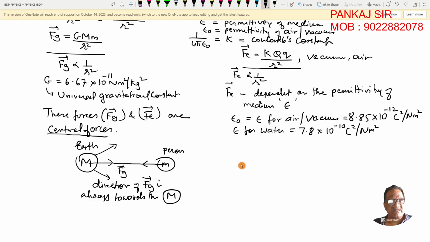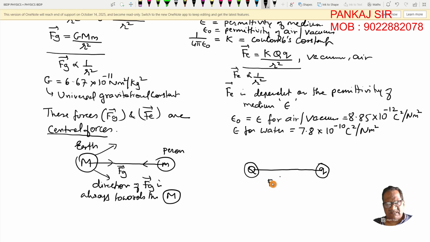In the case of electrostatic force, suppose you have two charges, capital Q and small q, separated by some distance r.